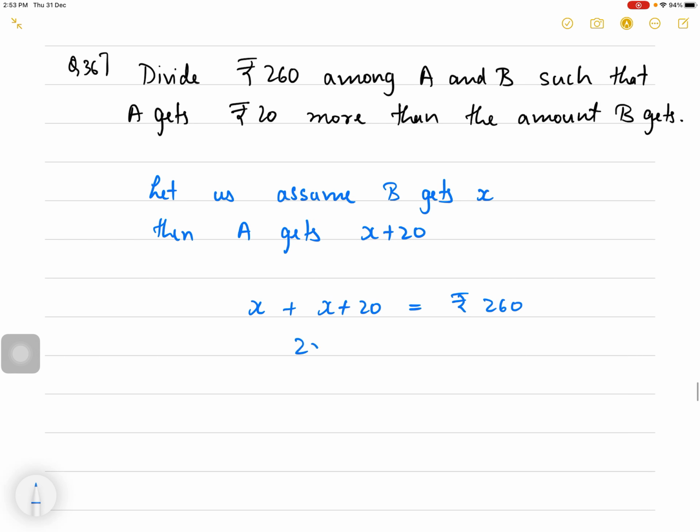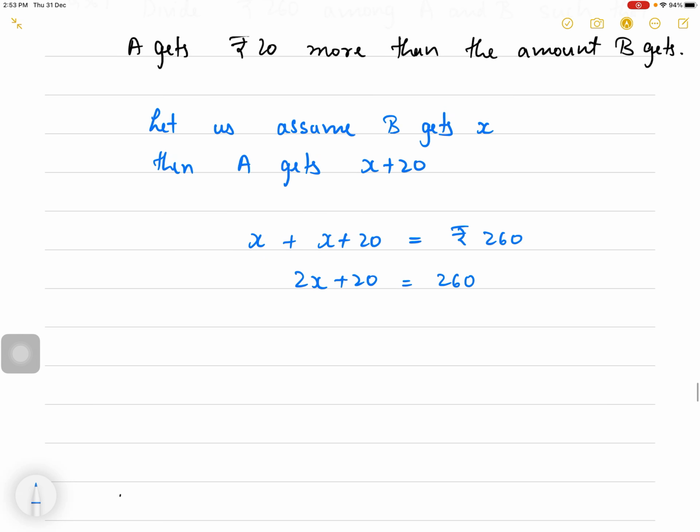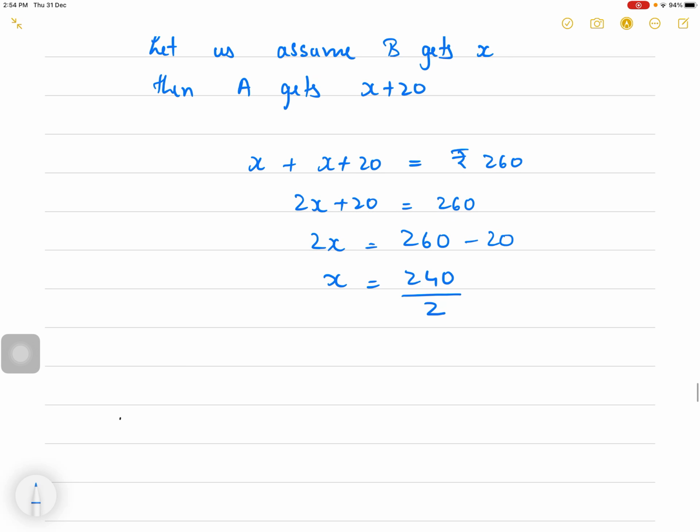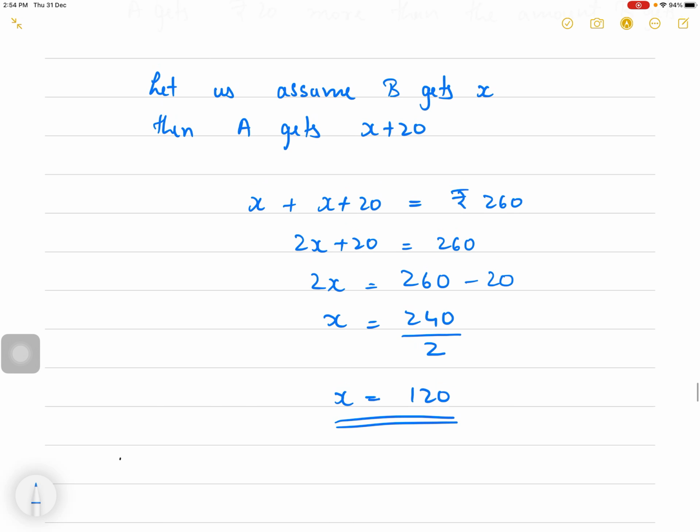So 2x plus 20 is equal to 260. So 2x is equal to 260 minus 20. So x is equal to 240 divided by 2. So x is equal to 120. Right?